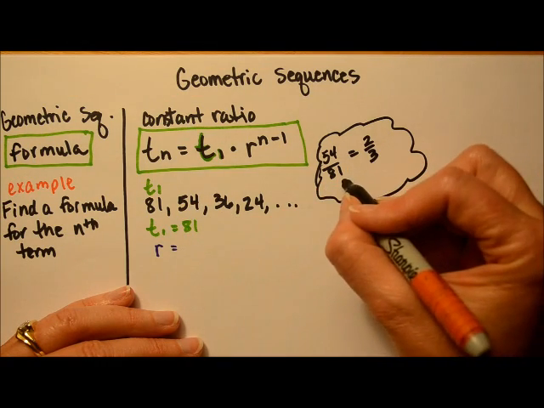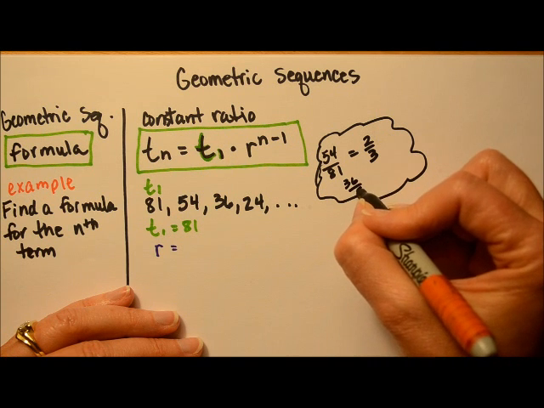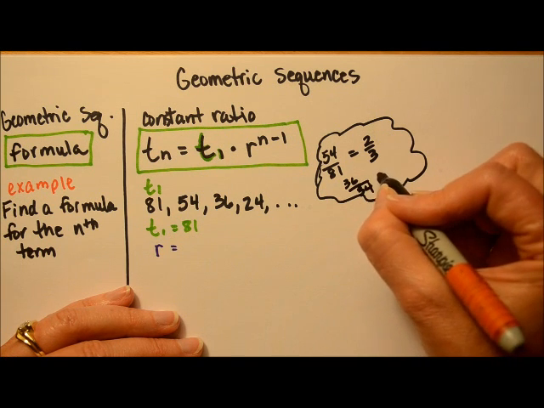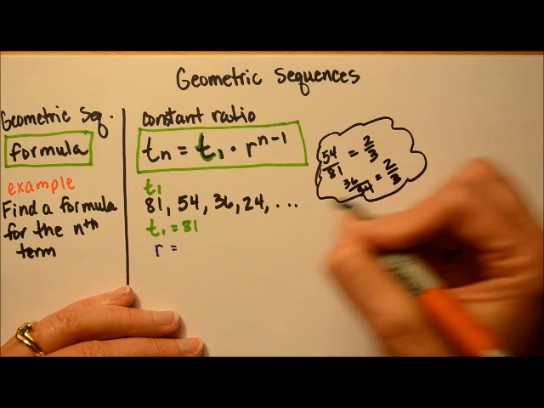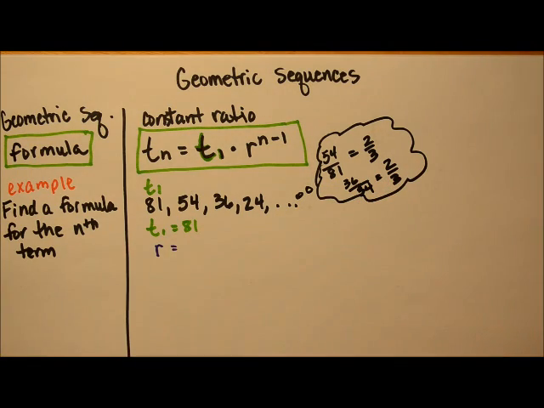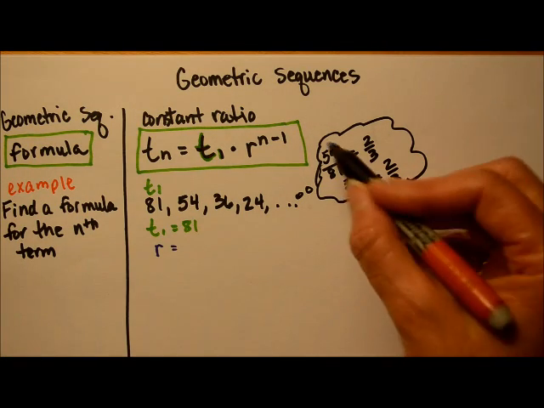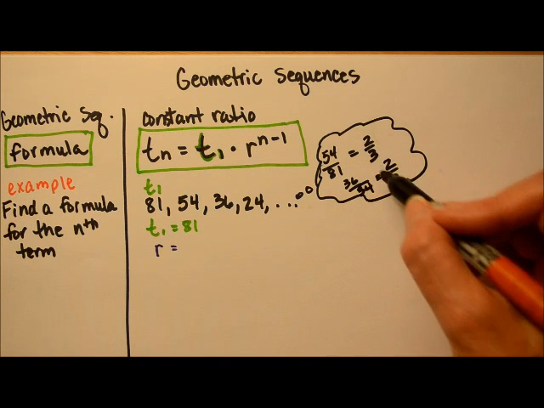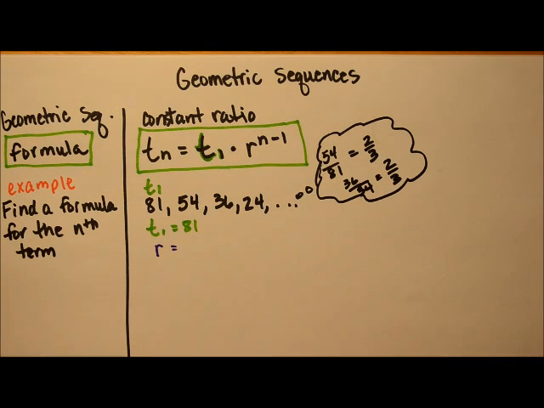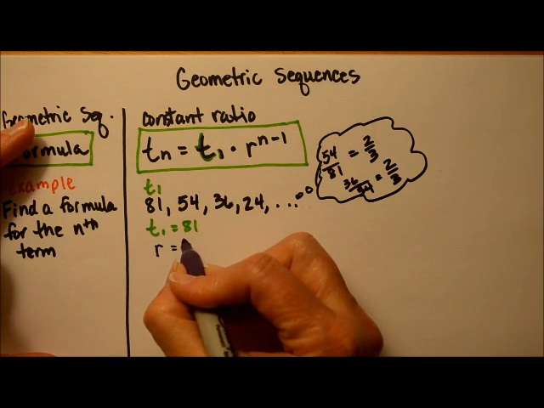36 over 54 is going to simplify to 2/3. So there's kind of my thought bubble. That's a ratio, and the ratio is the same there. It is constant, so it is geometric. Of course, I think I told you that in the beginning, that it was geometric.